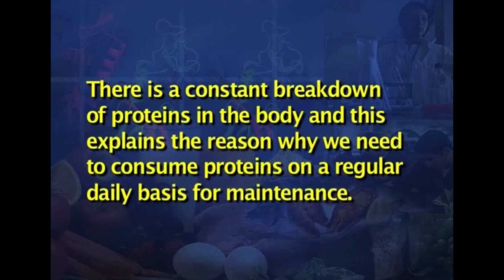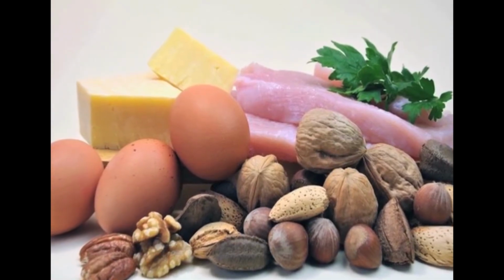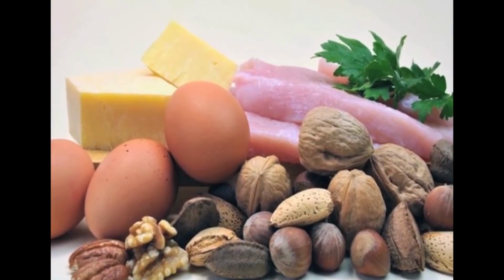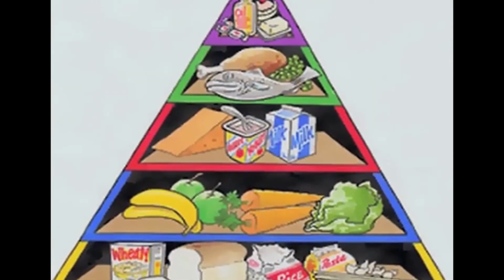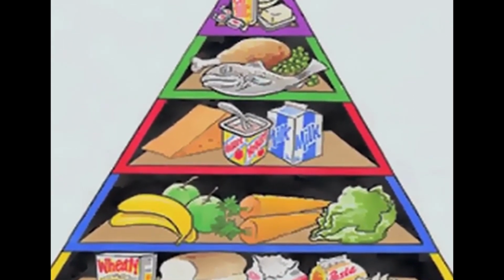There is a constant breakdown of proteins in the body, and this explains why we need to consume proteins on a regular daily basis for maintenance. It therefore becomes of prime importance to ensure that the daily requirement of protein is met from the diet, which provides proteins through a number of sources of both vegetable and animal origin.